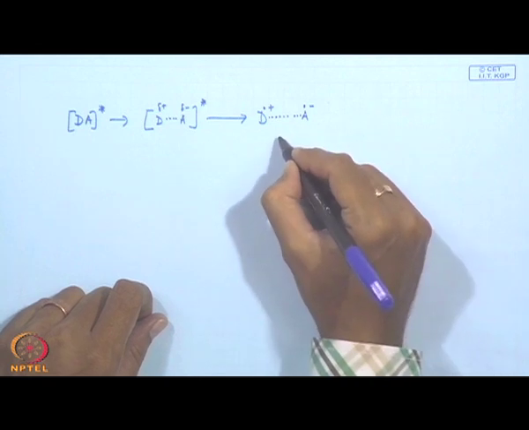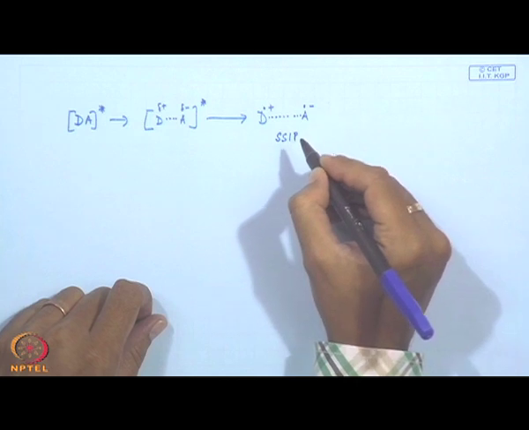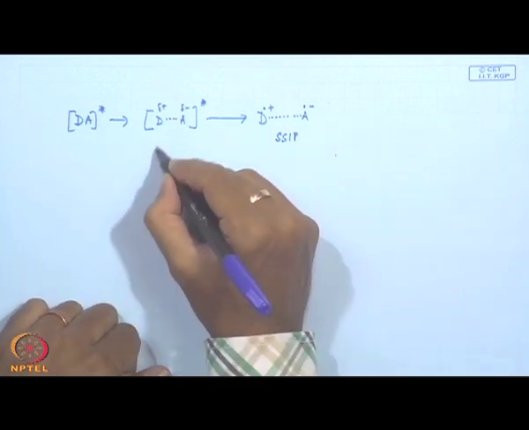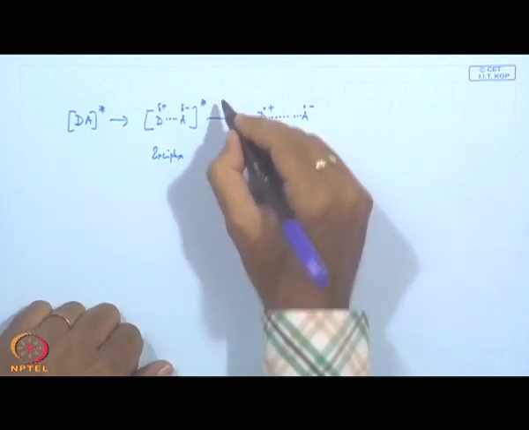So it is called the solvent separated ion pair, or solvent separated radical ion pair. This is your exciplex. Okay. So, polar solvent.